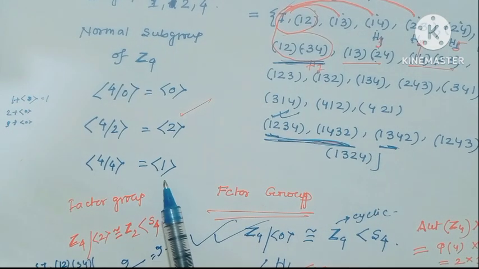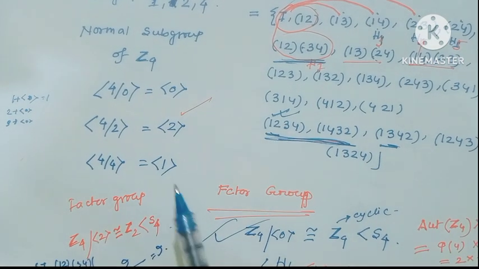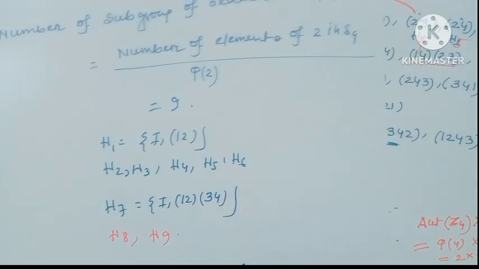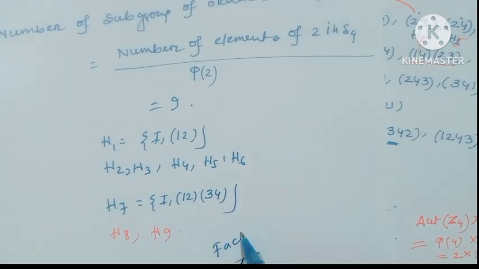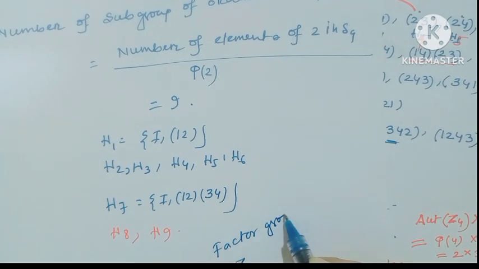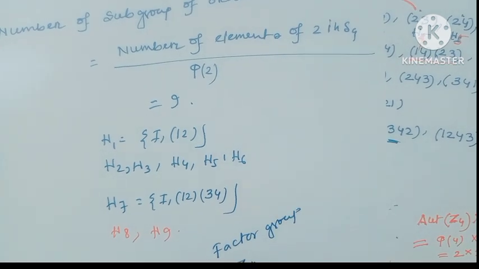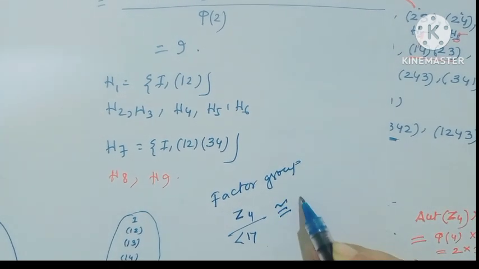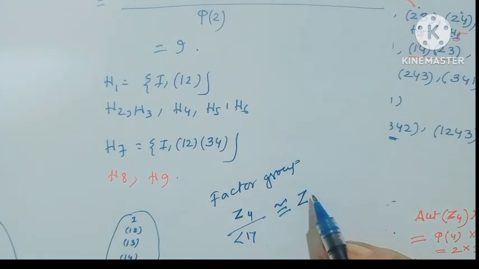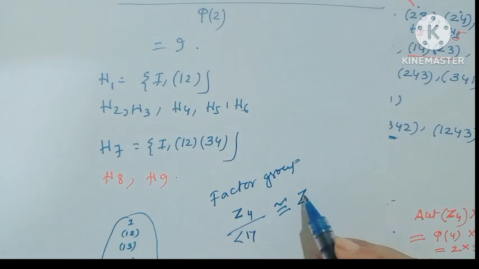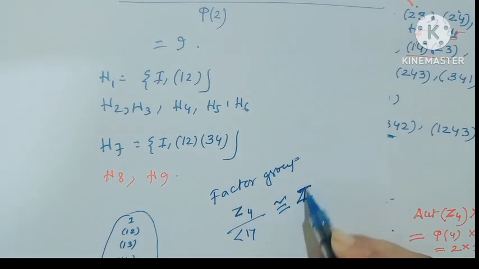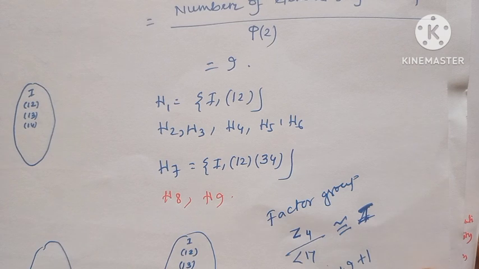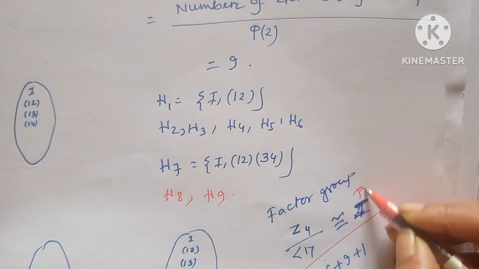Okay, well, the factor group would be when the cyclic subgroup generated by 1 is Z4. Another factor group would be Z4 modulo the cyclic subgroup generated by 1. This is actually isomorphic to the trivial group. This type of homomorphism is actually the trivial homomorphism.